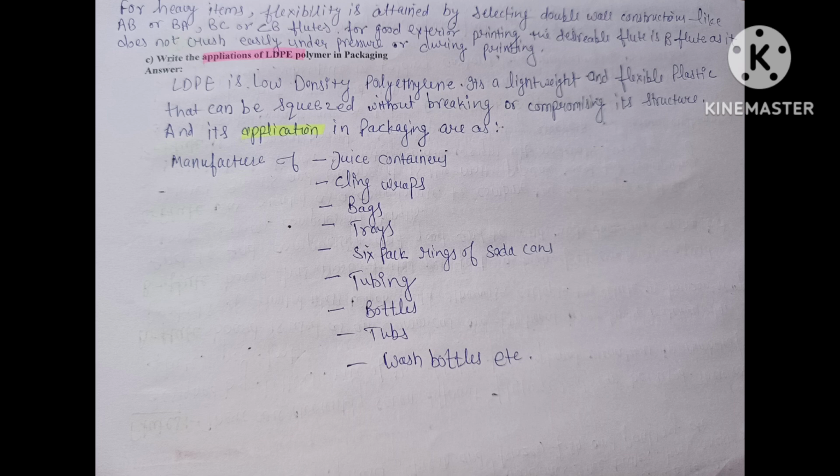For heavy items, flexibility is attained by selecting double wall constructions like AC or BA, BC, CA flute combinations. For good exterior printing a desirable flute is B flute, as it does not crush easily under pressure or during printing.